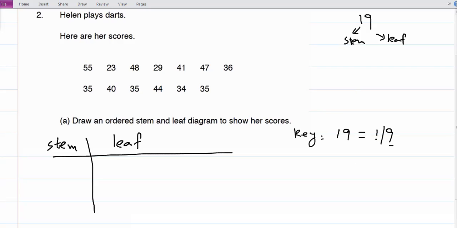That will be the key. After that, now look at the smallest number. Which number is smallest? That is 23. Write the stem of the smallest number, 2, because if we write 23, 2 is the stem and 3 is the leaf.